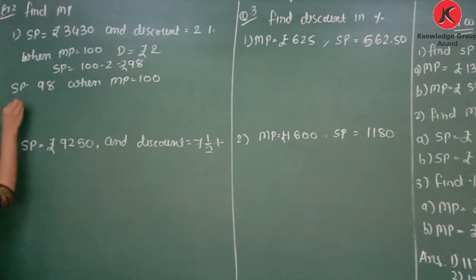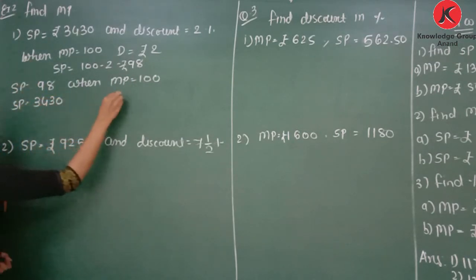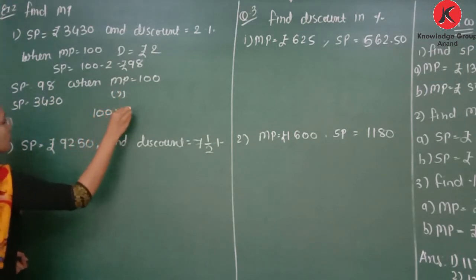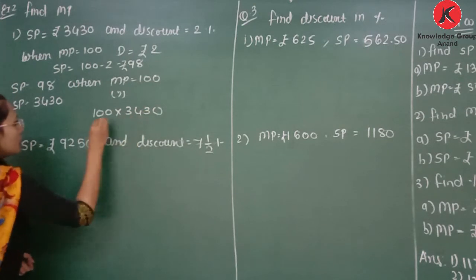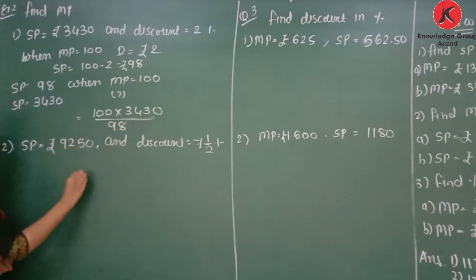Now we can say selling price is 98 when mark price is 100. So our selling price in the equation is 3,430. What is the mark price? Now here 100 is multiplied with 3,430 divide by 98. Now perform the division.